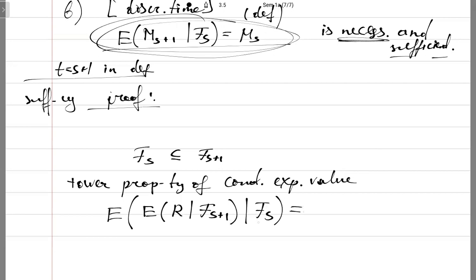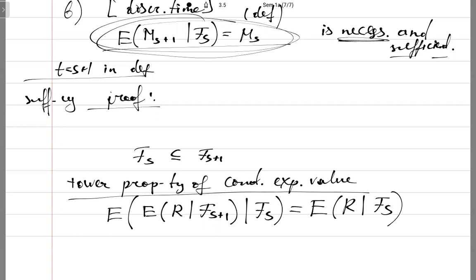If one guy who knows more is trying to predict R, and the other guy who knows less tries to predict the prediction of the first guy, then he may just try to predict R given his own information. So it's the tower property of conditional expected values.